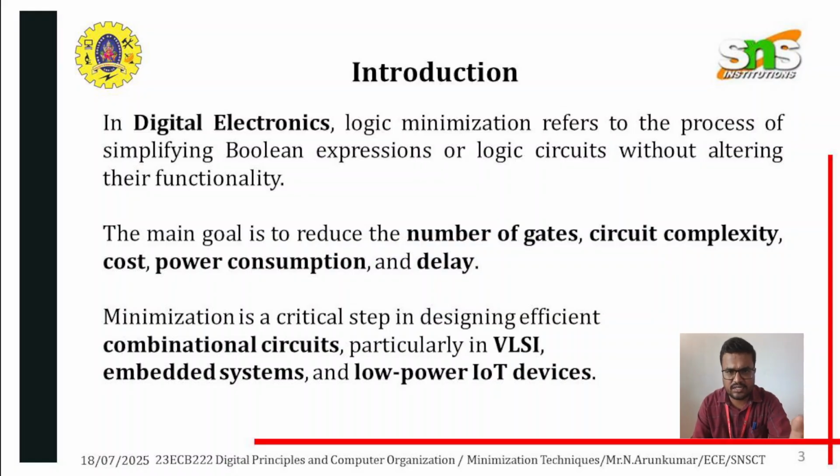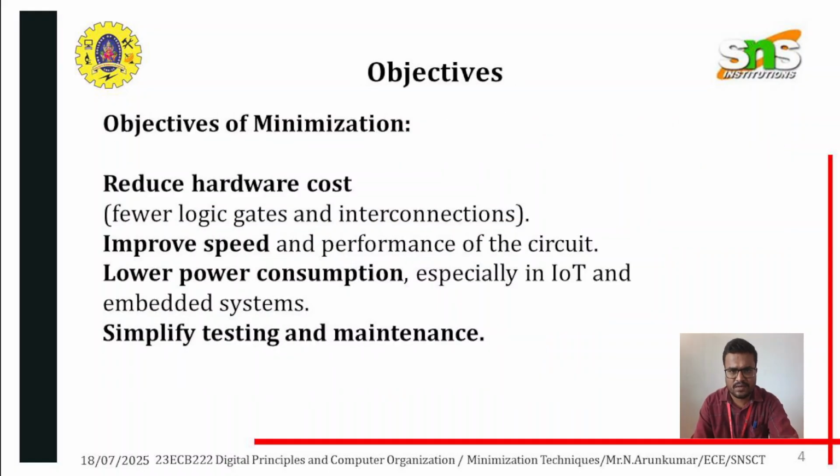The minimization technique is very efficient for combinational circuits, VLSI, embedded systems and low power IoT devices. So here the example is low power IoT devices. And the objective is to reduce the cost, improve speed, lower power consumption and simplify testing. Low power consumption means the devices used in the connections should have the same power, or else a power failure will happen and it may not be tested or may not work.